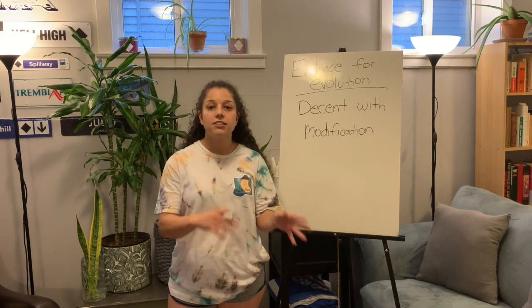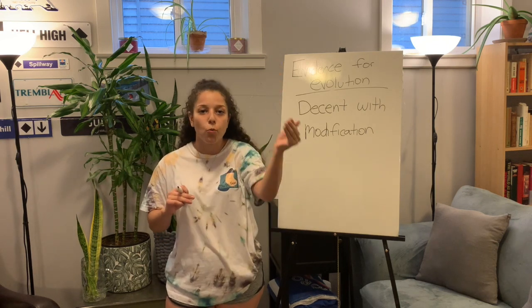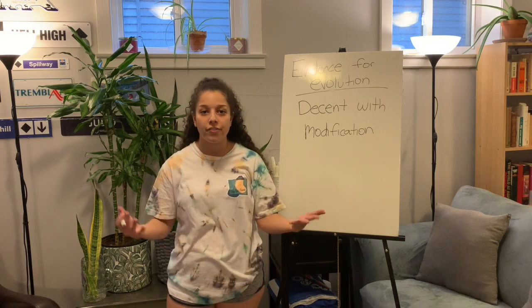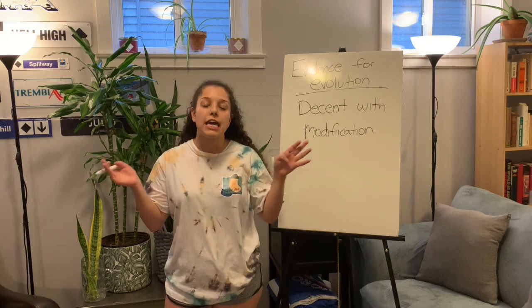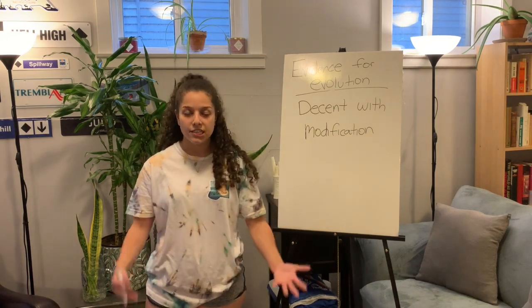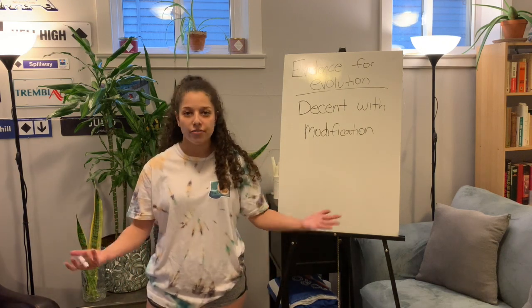So there is a descent of a particular trait, so it is heritably passed from one generation on to the next, and that trait can be modified. So that beak length became modified towards a thinner beak. So that was the main component of Darwin's theory, which is evolution by natural selection or descent with modification.